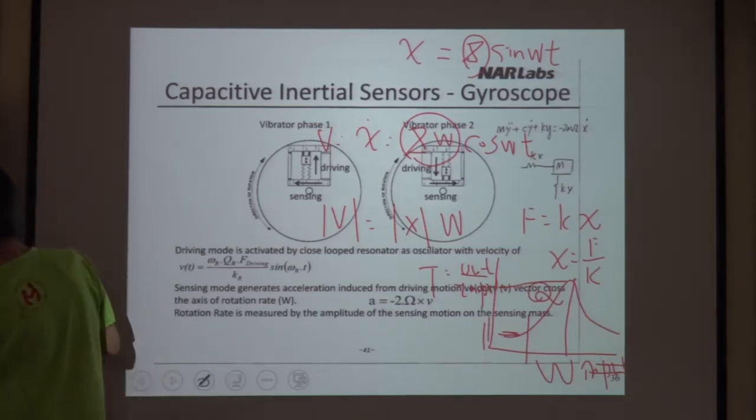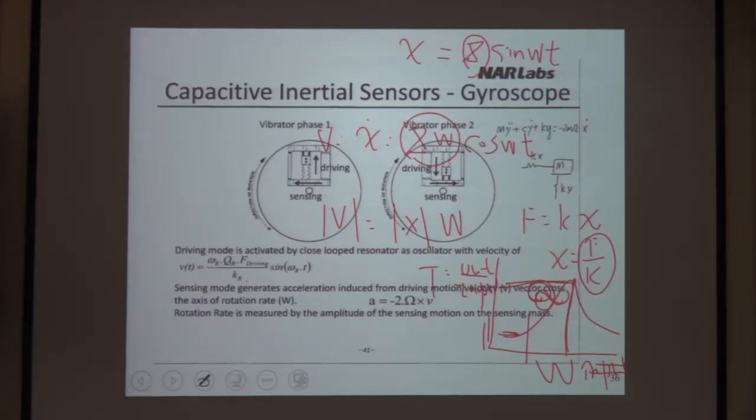So at low frequency, we have x equal to this value. But at resonance frequency, the magnitude should be multiplied by Q. So that is why we have Q here.